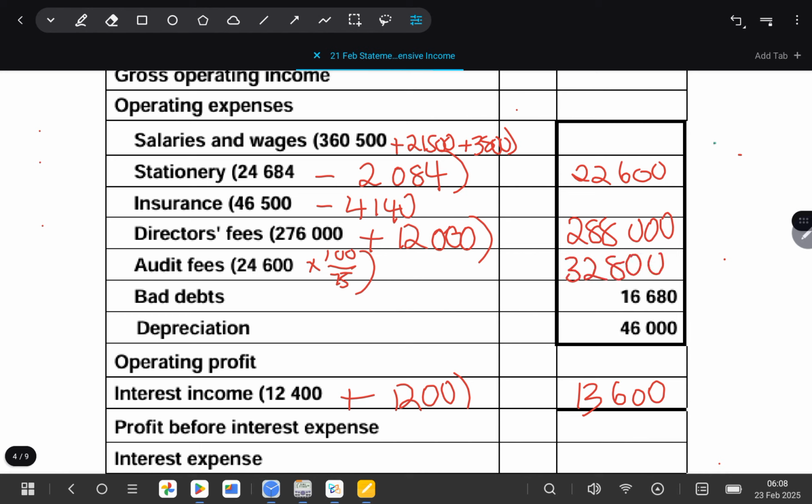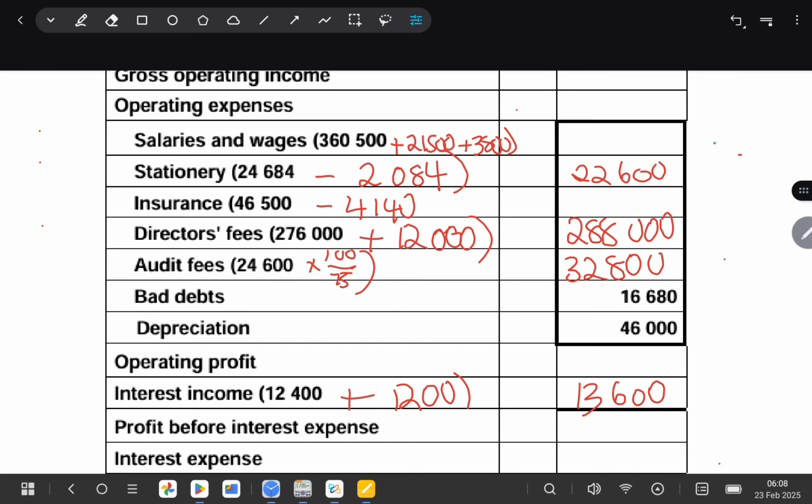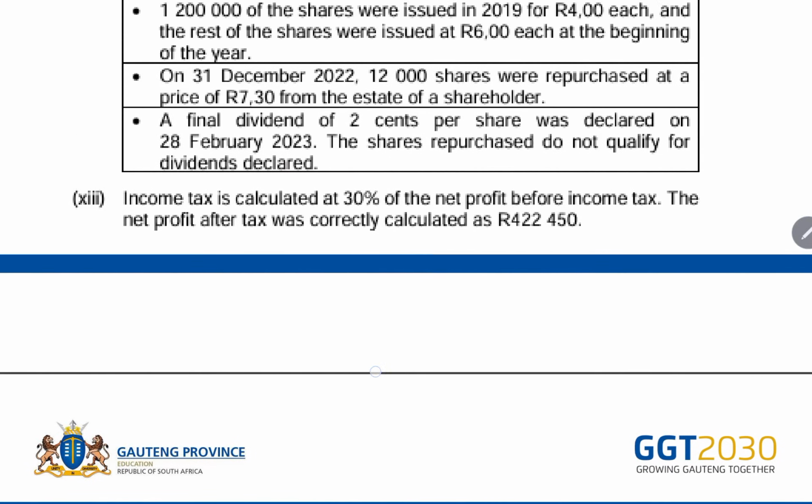Let's check another way. If we say 24,600 divided by 0.75, it gives us the 100% of the amount, so it's still the same. Okay, now let's check next.